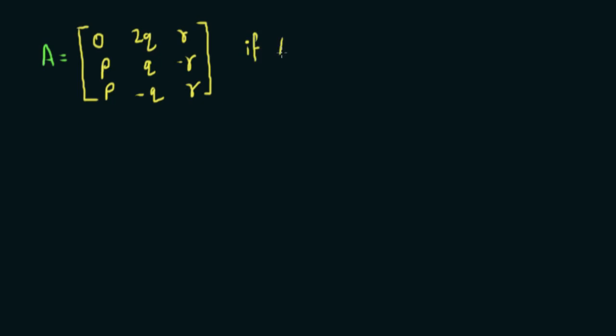Let me just change the color, I've been writing with green for ever since. A is equal to the matrix with rows 0, 2q, r; p, q, -r; p, -q, r. This is A, and given that A transpose A is equal to I3, so A is a 3 by 3 matrix, right?